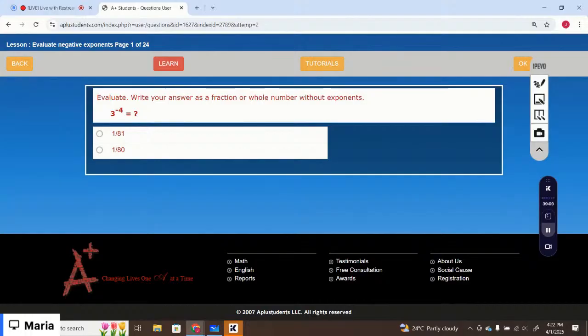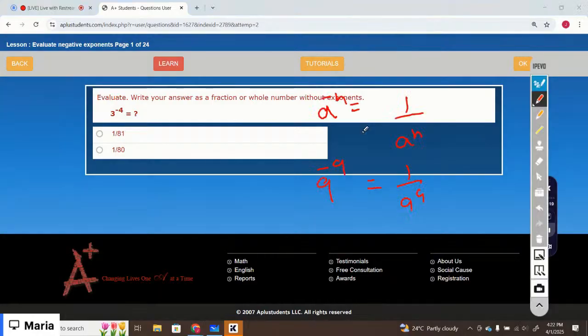Evaluate 3 exponent negative 4. First we have to make the exponent positive by writing it in the denominator, then we have to evaluate 3 times 3 times 3 times 3.